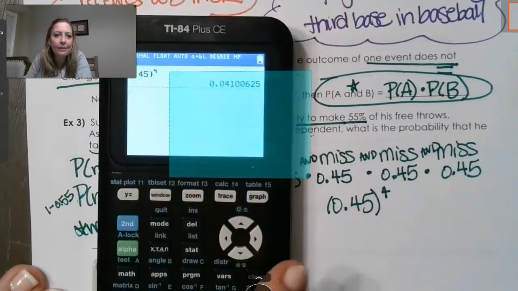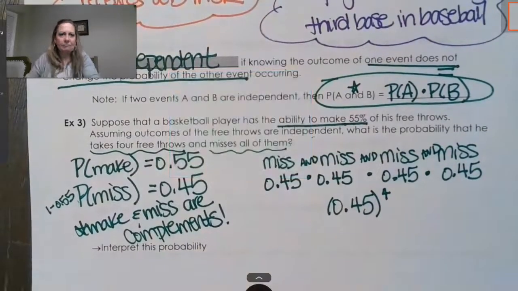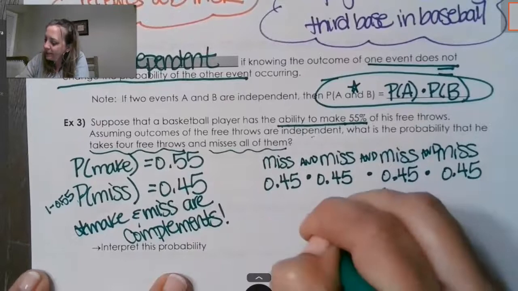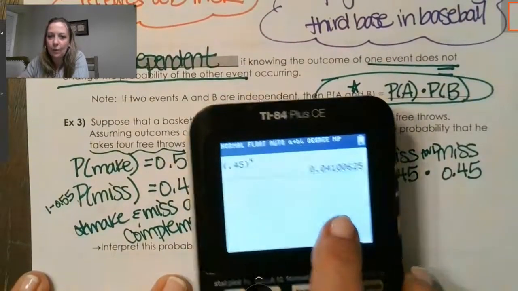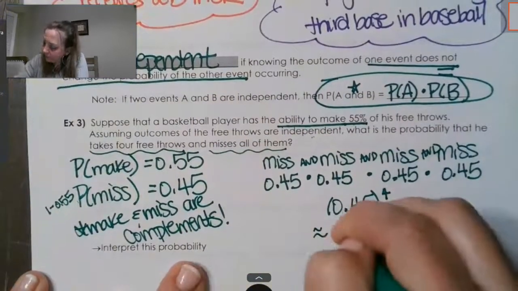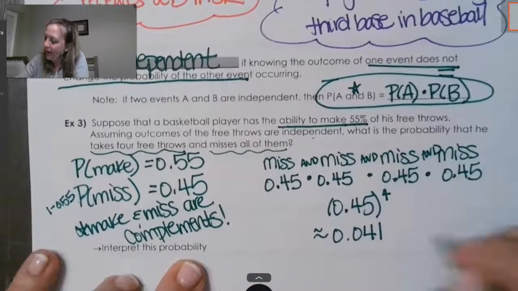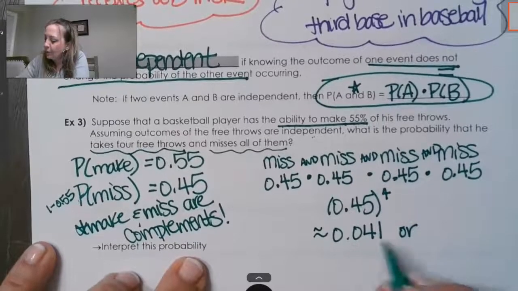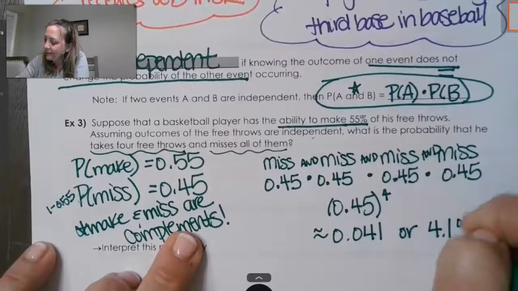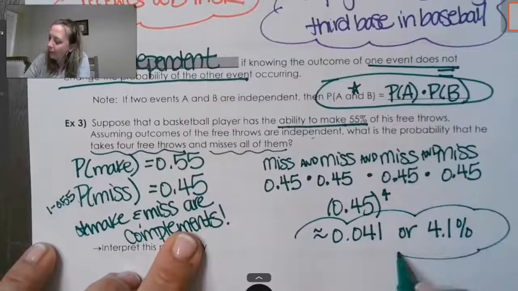And we've been rounding our probabilities to the nearest thousandth. So that's going to be 0.041. And as a percent, we would move the decimal over 2 places. So that's the same as 4.1%.